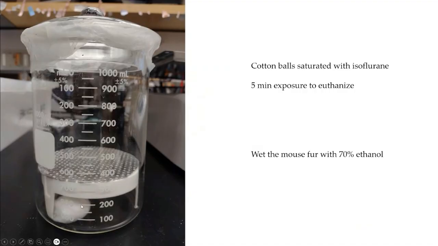Or first, you immerse your cotton swabs, 2 of them, with isoflurane, and that will vaporize and euthanize the mouse. So drop the mouse in, so that it's on a platform and its feet don't touch the isoflurane cotton balls, and allow the mouse 5 minutes.